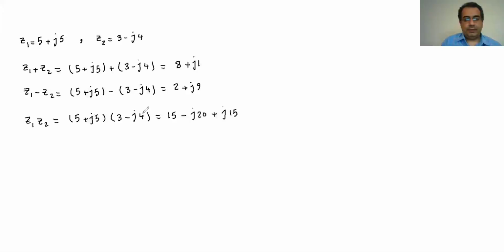And then you have the second term, which is going to be negative j squared 20. And you know that j squared is going to be negative 1.